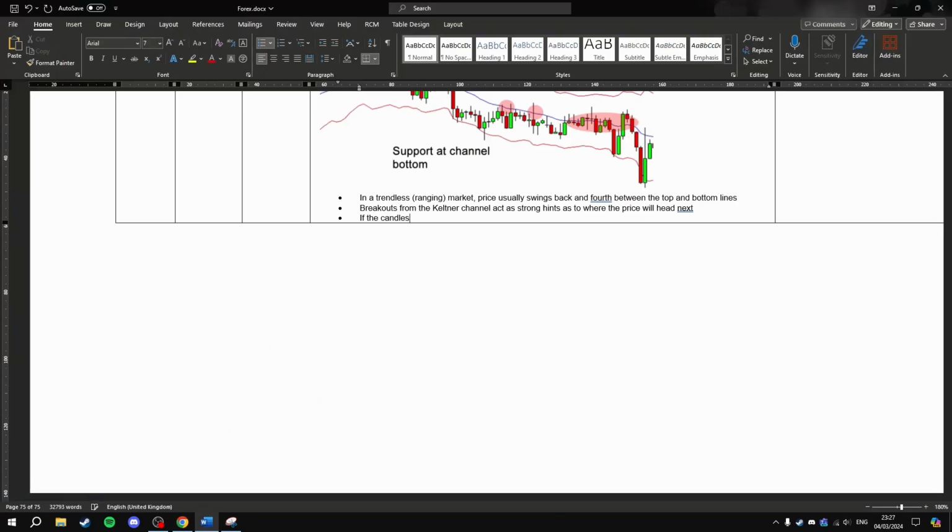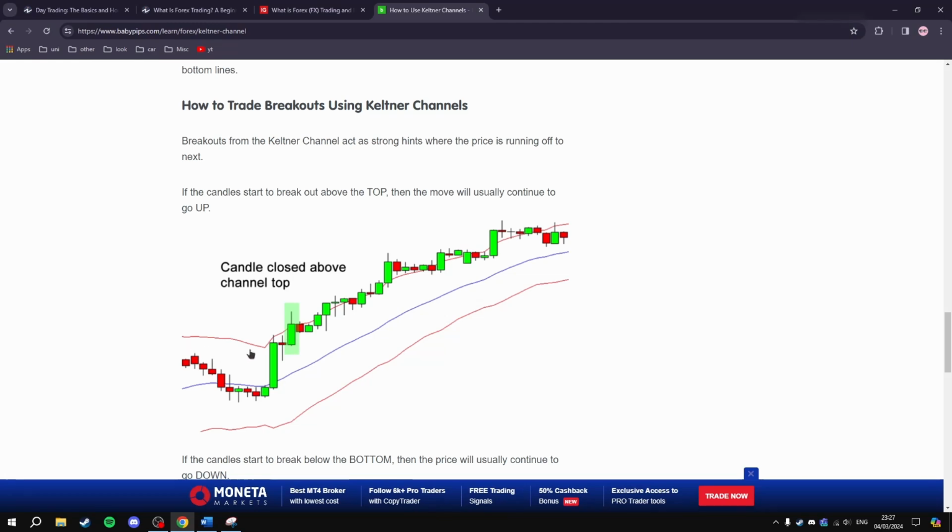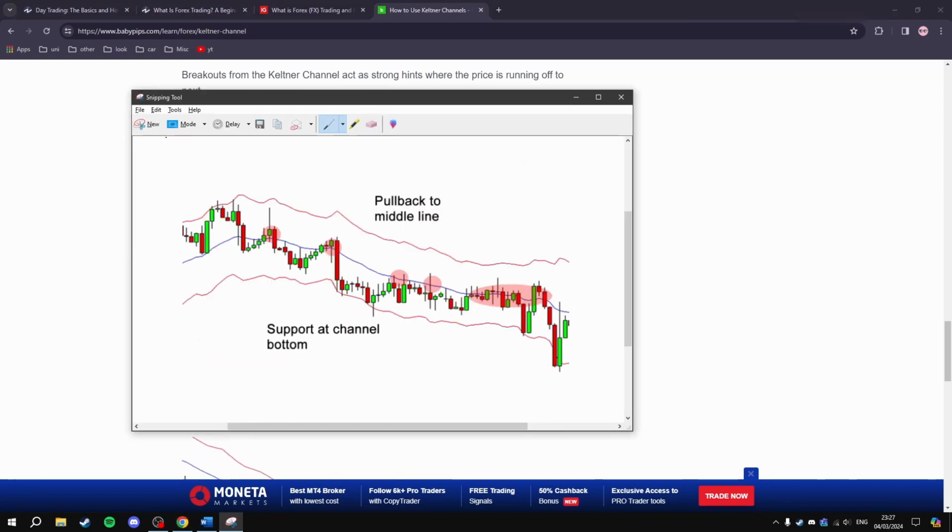If the candles start to break above the top, then the move will usually continue to go up. So the candle broke above the top here, and then it keeps going up like that.